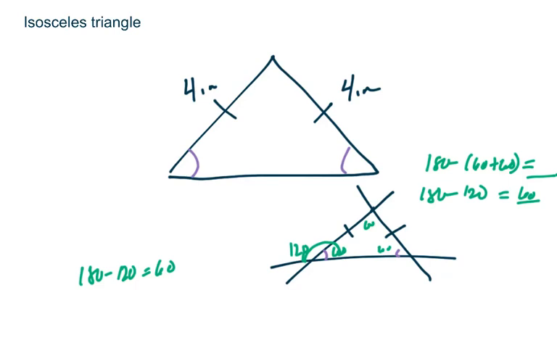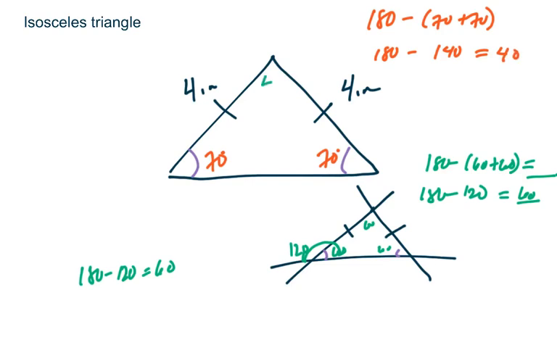Let's pretend that I told you, go back to my first drawing, that this was 70 degrees in here. You would automatically say that this is 70 degrees. So then you would have 180 minus 70 plus 70, which would be 180 minus 140 would give you a grand total of 40. That's what would be left for that missing angle up there.